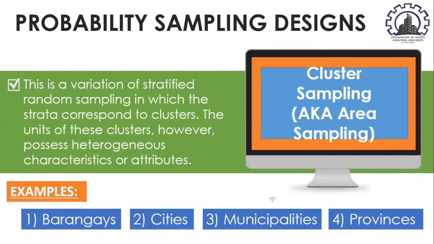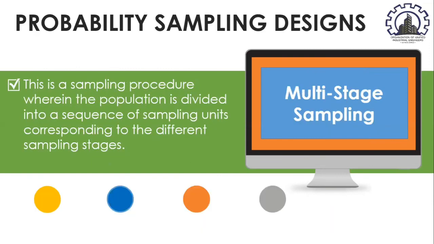So for that matter, we call that heterogeneous characteristics. And aside from cluster sampling, we also have what we call multi-stage sampling. And this is a sampling procedure wherein the population is divided into a sequence of sampling units corresponding to the different sampling stages.